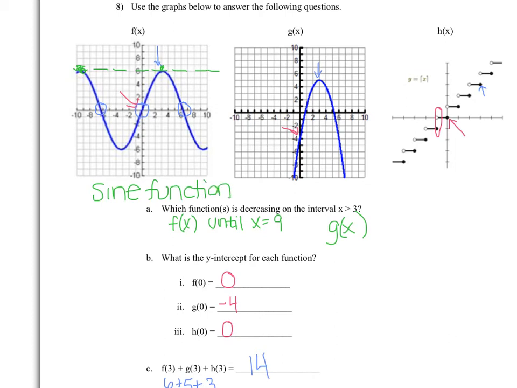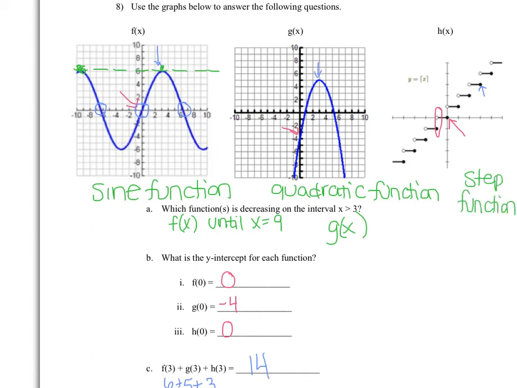G of x is a function we're going to study next semester. It's a parabola, and it's a quadratic function. And finally, h of x, you may have heard me say this name in class. You won't really study much of this right now formally, but it is a step function.